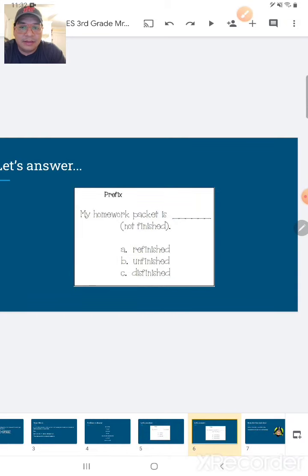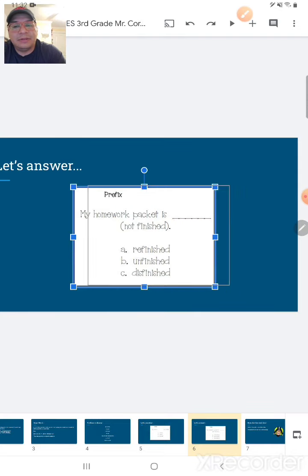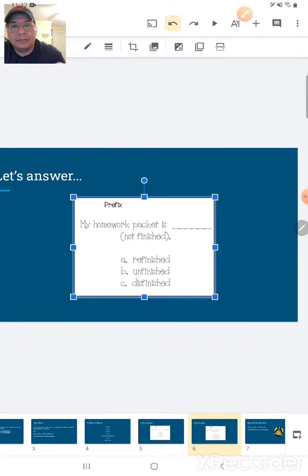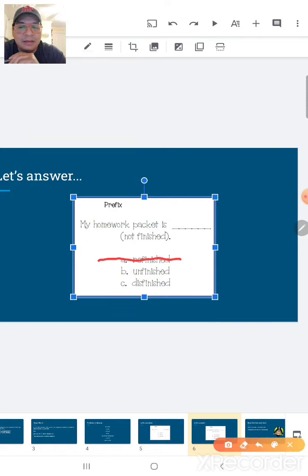Here it says, my homework packet is not finished. Once again, not. Is my homework packet refinished? It's not re because we're not doing it again. So that's not it either. It's unfinished or disfinished.